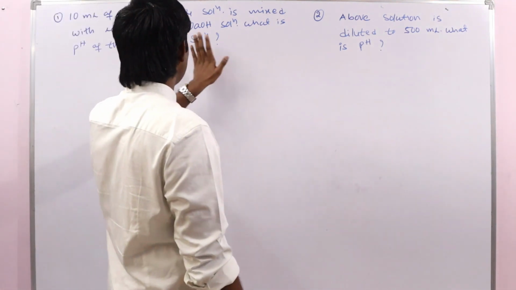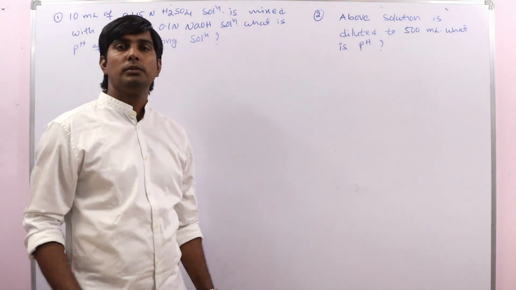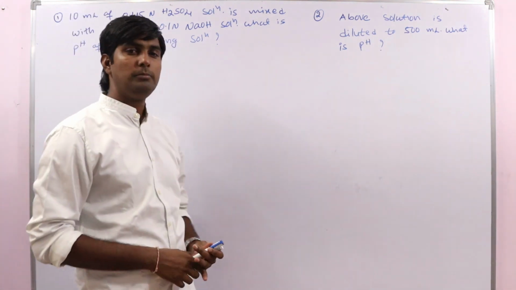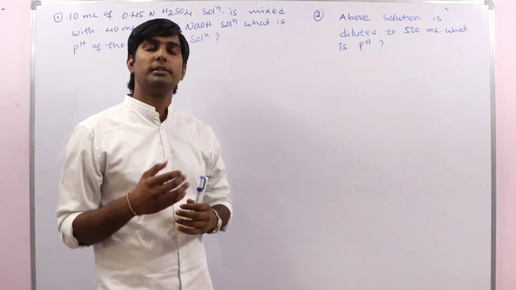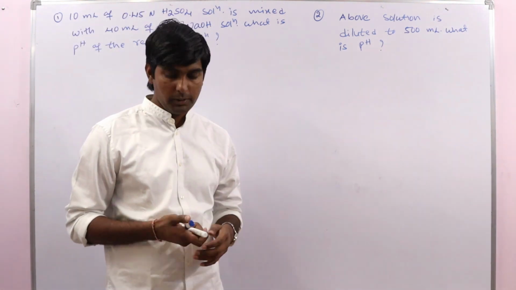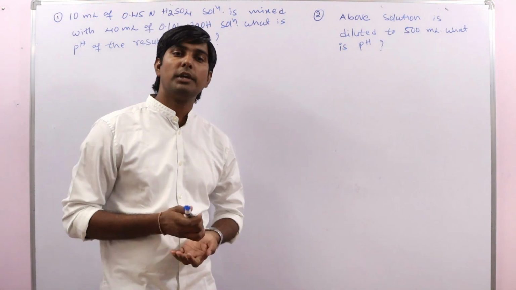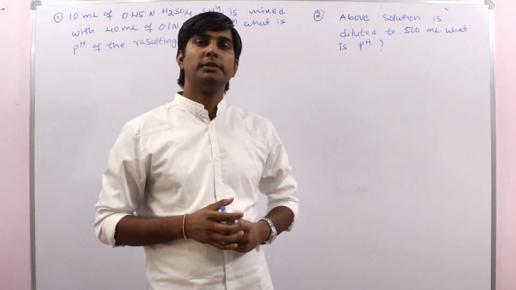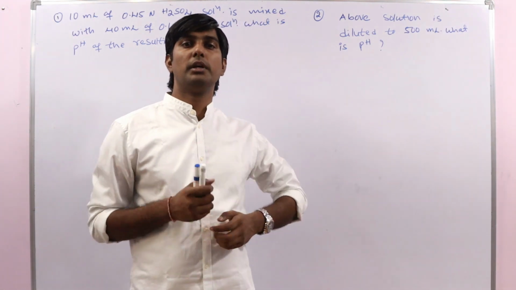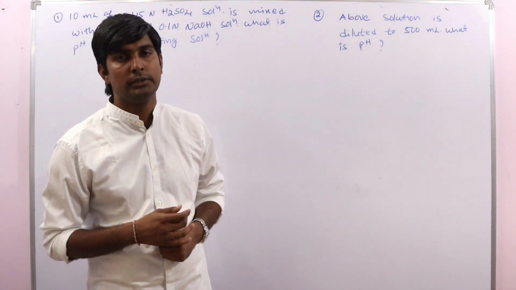In this type of problem, first we should find whether the acid is in excess or the base is in excess, or both have the same quantity in terms of number of equivalents. This concept we already discussed in the methods of expression of concentrations.